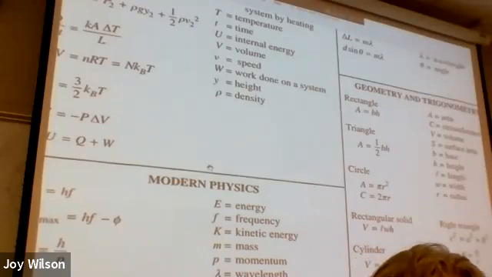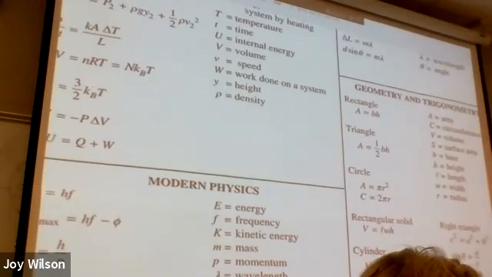On the AP formula sheet, they do not list this as delta U. They do in the first law, but not on the formula sheet. They put it as the kinetic energy. The internal kinetic energy is 3/2 kT. But this K, and I really hate this, by the way, this K is this delta U, because the kinetic energy of the particles is the stored internal energy of the object.